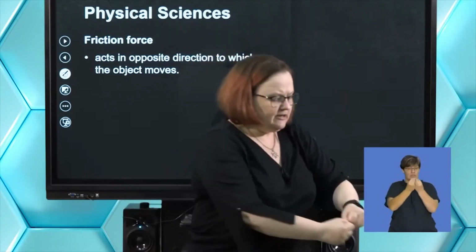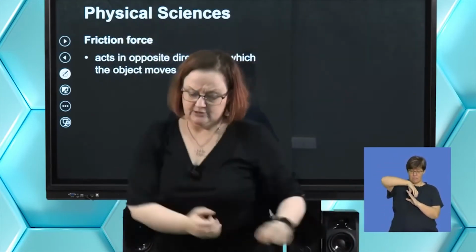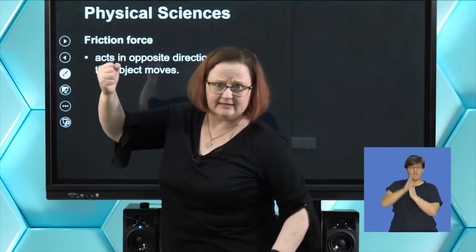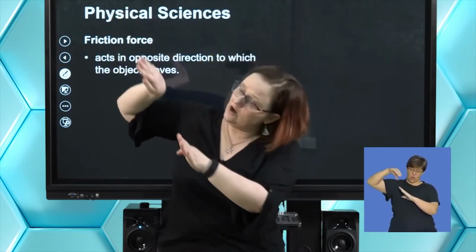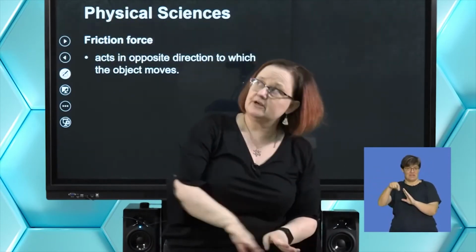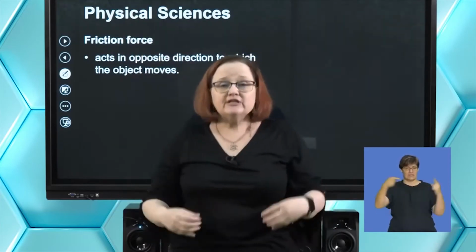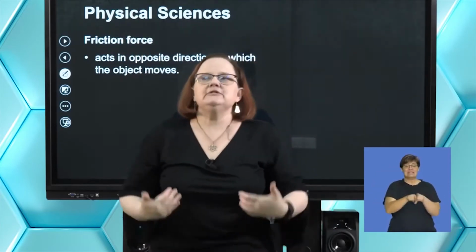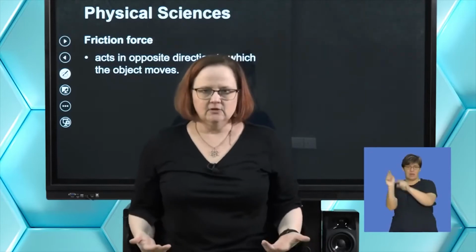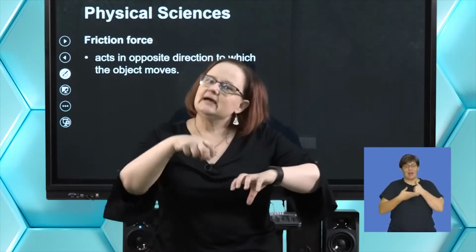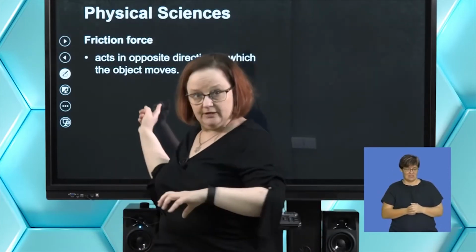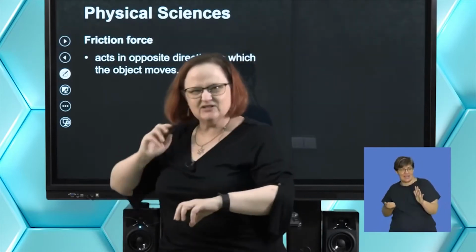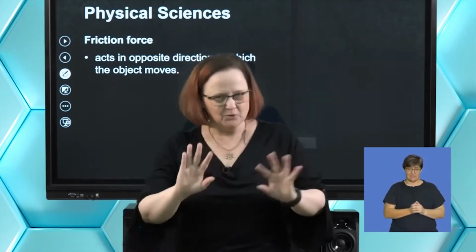If I'm pulling an object up the slope and it's moving up, friction has to act down. If I'm letting the object slide down the slope, friction has to act up. Friction opposes. Friction doesn't go in the same direction. Friction isn't helpful for us in this situation, okay? Friction takes away. It's bad, okay?